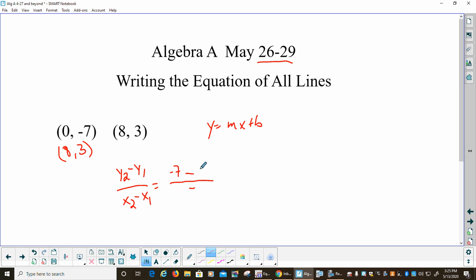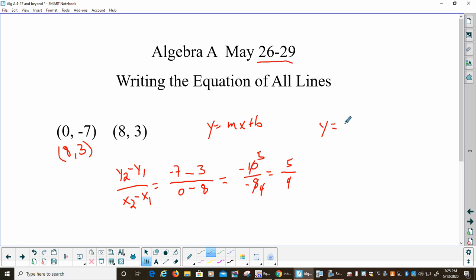Negative 7, 3, and 0, 8. Okay? So that's negative 10 over negative 8. Both are negative, so it becomes positive, and a 2 reduces out of both of these. So the slope is 5/4.